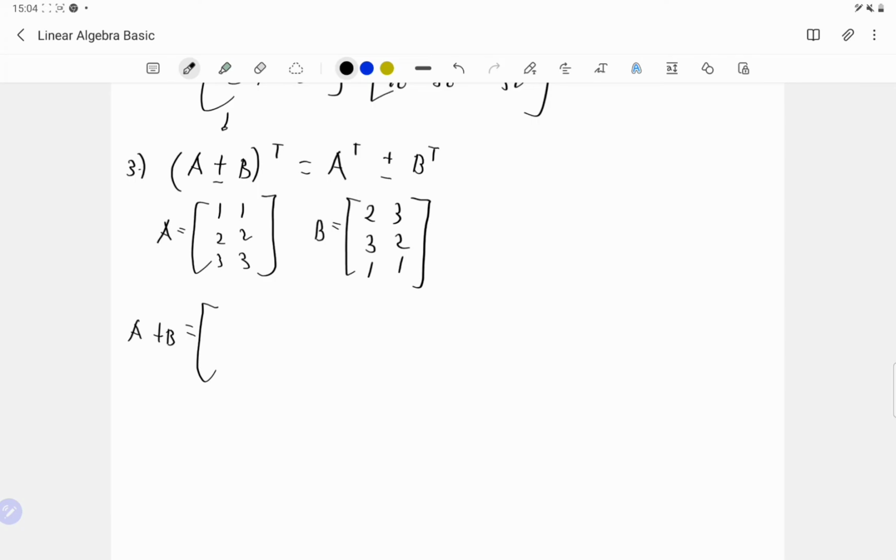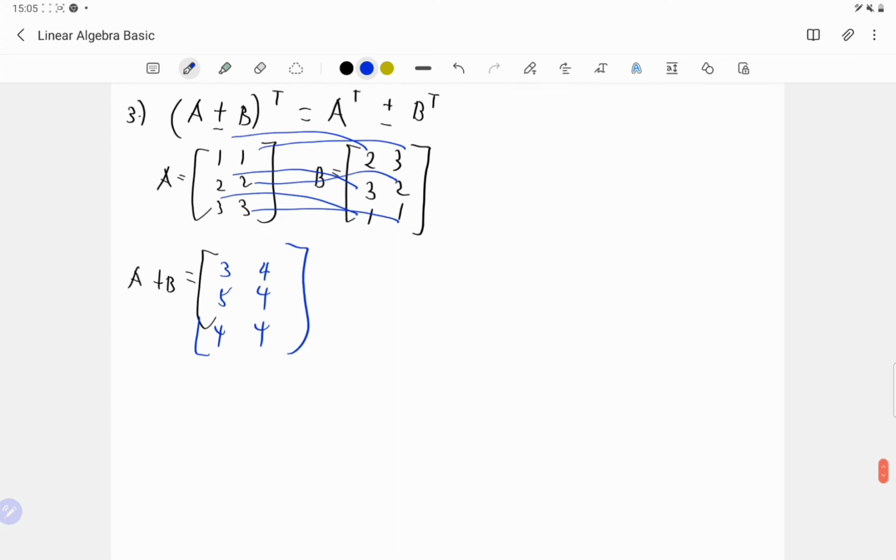1 plus 2 is 3. 1 plus 3 is 4. 2 plus 3 is 5. 2 plus 2 is 4. 3 plus 1 is 4. 3 plus 1 is 4. Maybe I made a mistake, but it's alright.